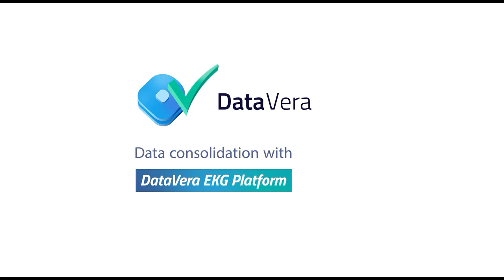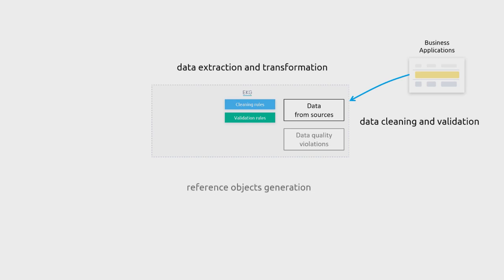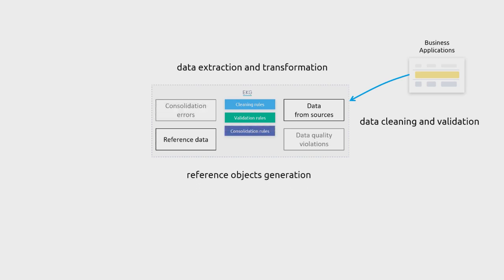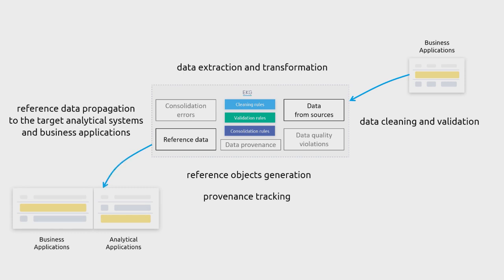The DataVera EKG Platform covers the whole cycle of data processing. It includes data extraction and transformation, data cleaning and validation, reference objects generation, provenance tracking, reference data propagation to the target analytical systems and business applications.